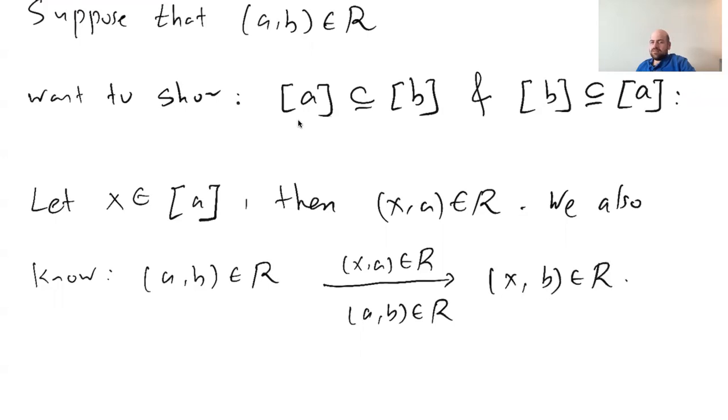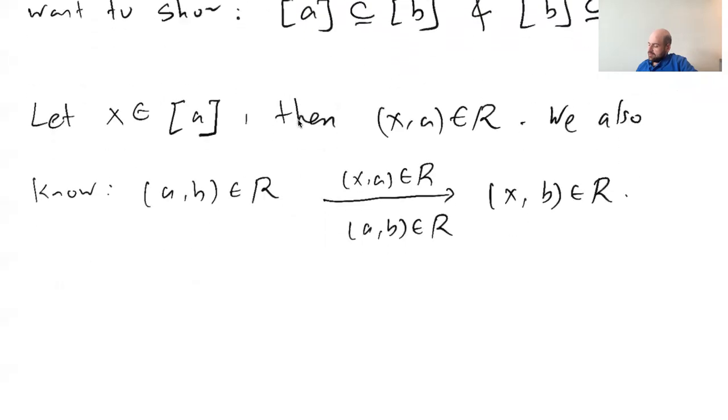If (X, A) is in R and (A, B) is in R, then that means (X, B) is in R. And that means X belongs to the equivalence class of B, right? If (X, B) is in R, then X is in the equivalence class of B, because again, the equivalence class of B means all elements X which are in relation with B.